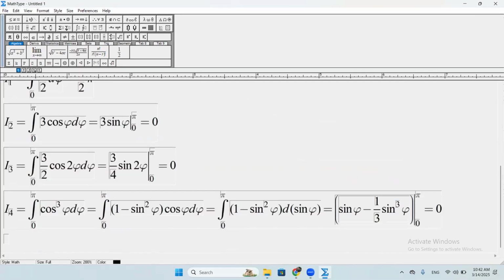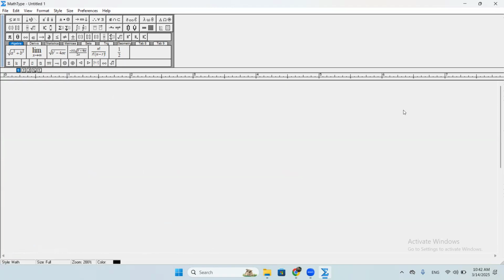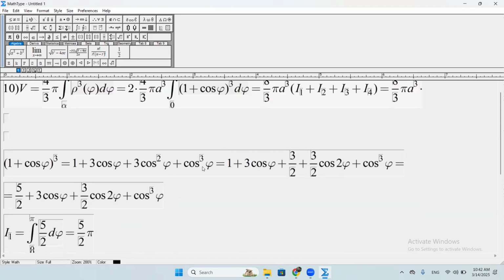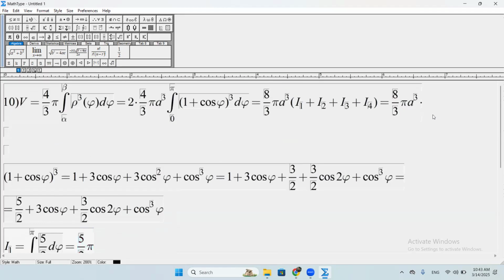So we have 8 over 3 pi a cube multiplied by 5 over 2 pi. So the final answer will be 10 over 3, stop, not 10, but 20 over 3 pi square a cube. Any questions about this exercise?